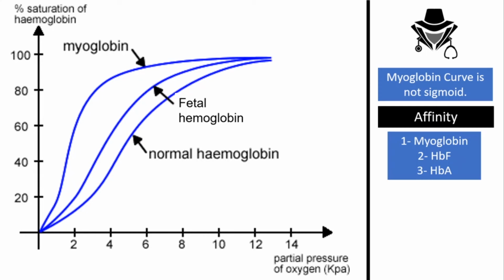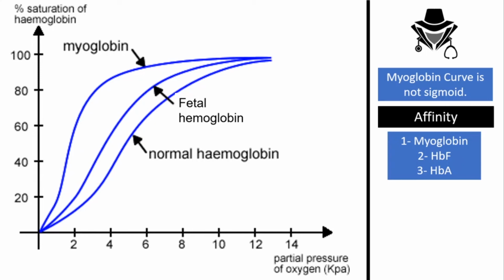And it should have higher affinity so it can take the oxygen molecules from the adult hemoglobin, because at the end of the day, the function of hemoglobin is to deliver oxygen to the tissues. So that makes sense.